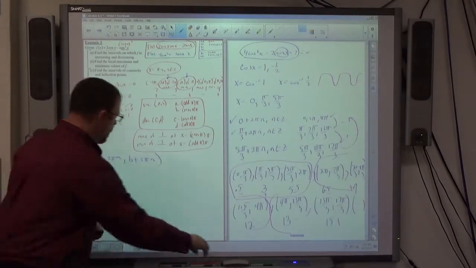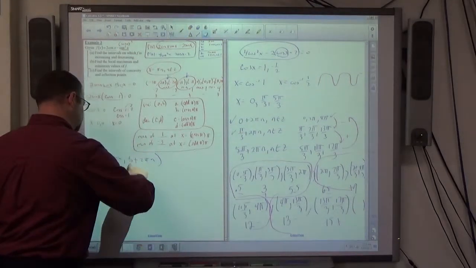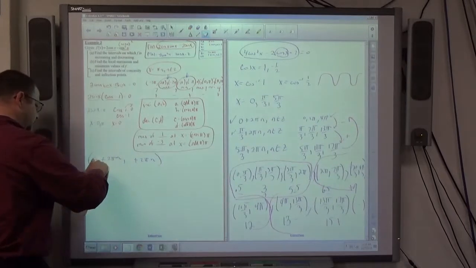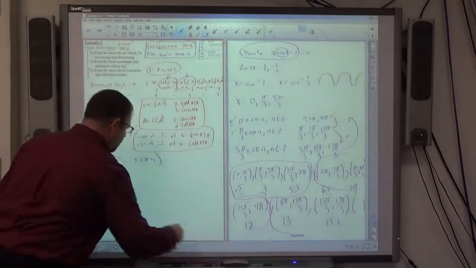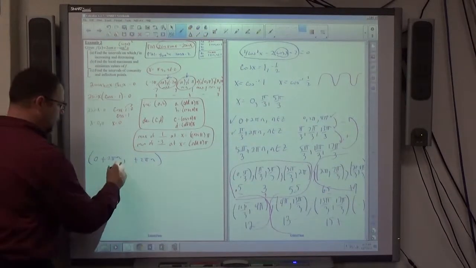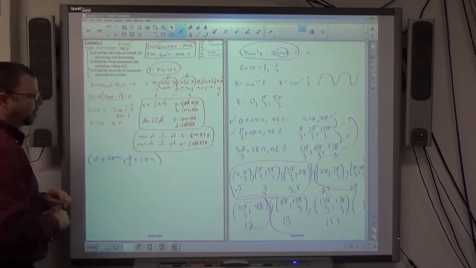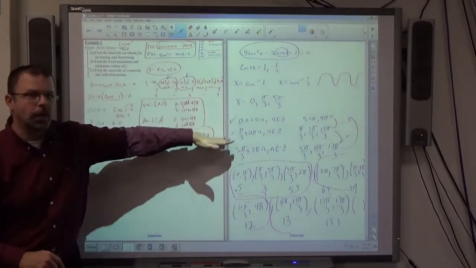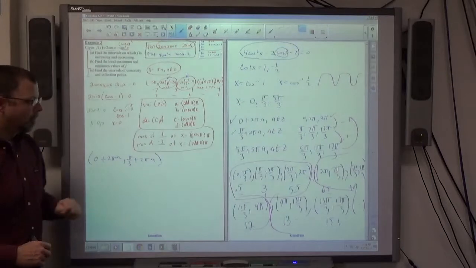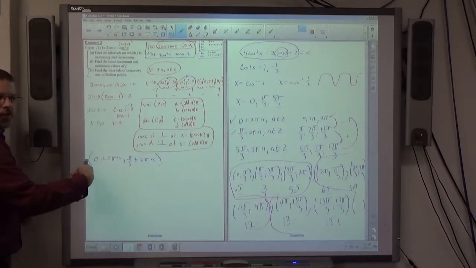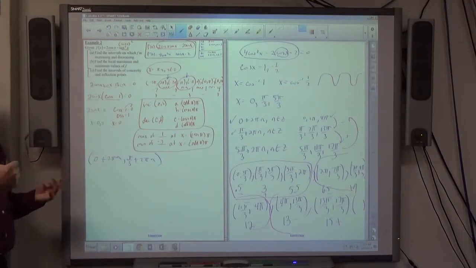I don't have to write it that way. I can just write the actual numbers: 0 plus 2 pi n to pi over 3 plus 2 pi n. If I go from this answer to this answer, it's going concave down, right? And that represents all the answers from negative to positive infinity with that structure, right?